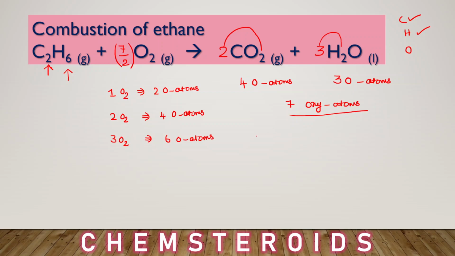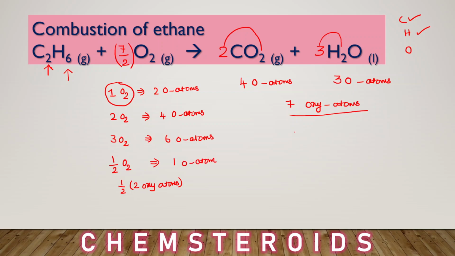Now, for six oxygen atoms, I can write three, but still for half oxygen, let's say I'm saying half O2. What does that mean? 1 by 2 of two oxygen atoms, because in one O2 we have got two oxygen atoms. So two oxygen atoms, that indicates one oxygen atom.